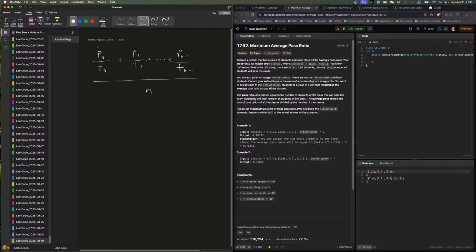I can put them into this thing, basically plus something, and then I want to see how I do it such that this value can be maximized. And I have the class length is 10 to the 5th.